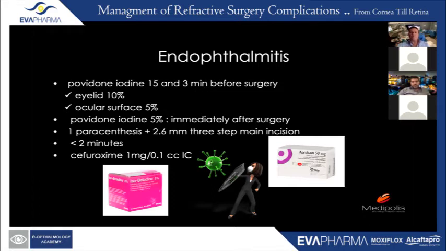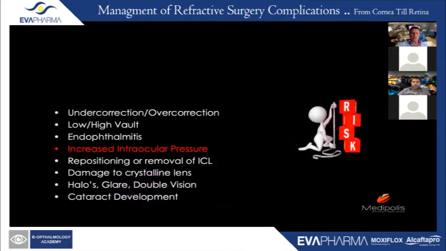Why 3 steps? Because it's nicely self-sealing. You don't have to put in a suture, and we don't have problems afterwards. The surgery itself takes in most cases less than 2 minutes. And as pointed out by the ESCRS large trial with cefuroxime, I use 0.1 cc intracamerally of cefuroxime to prevent endophthalmitis.